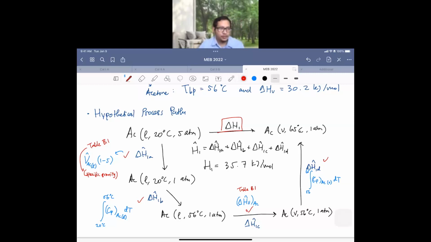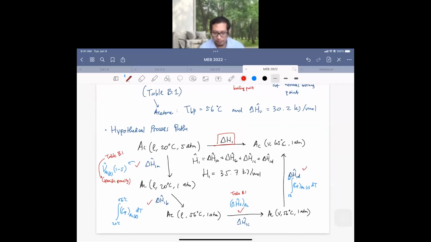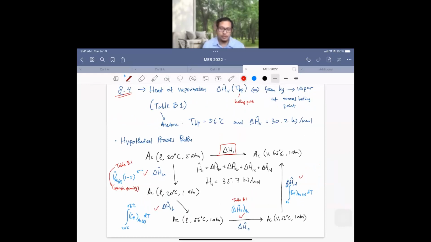And then for H2, H3, and H4, you can proceed in a similar manner with H1, and of course you will get some numbers from these calculations, from the proposed path.